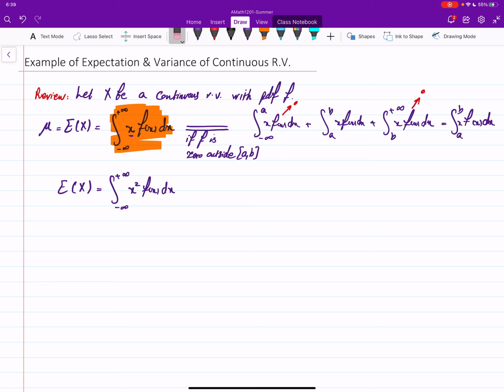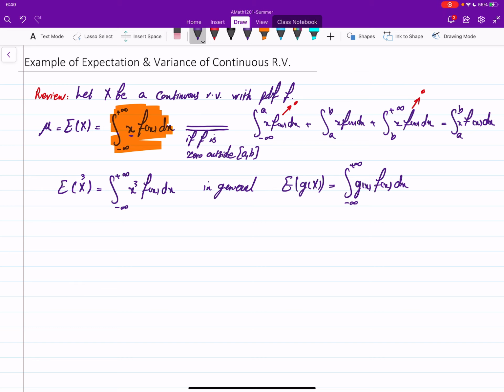If it is x cubed, you will go with that. If any function of x is put there, it means that you integrate f of x times that function from negative infinity to plus infinity.